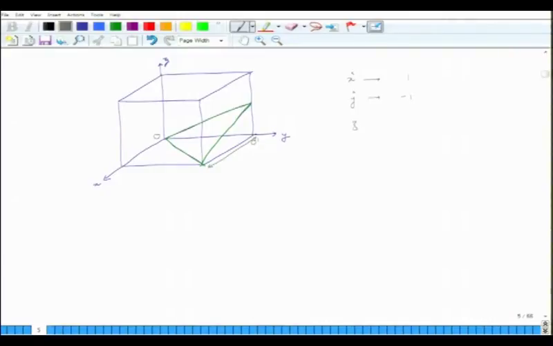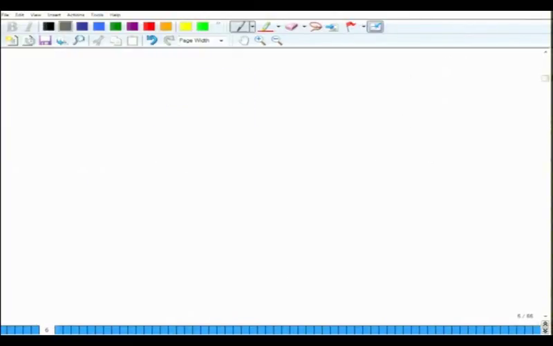Minus 1. Along z what is the intercept? Plus half. Convert it into reciprocal: 1, minus 1 and 2. So, the plane is 1, 1 bar, 2. So, this is how you draw and identify a plane. Now, another thing is about the family of planes.